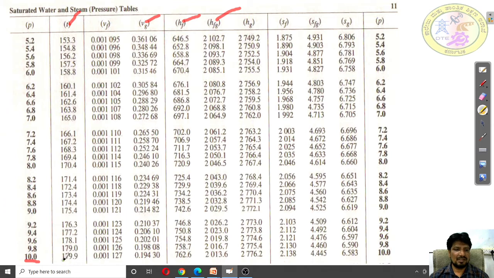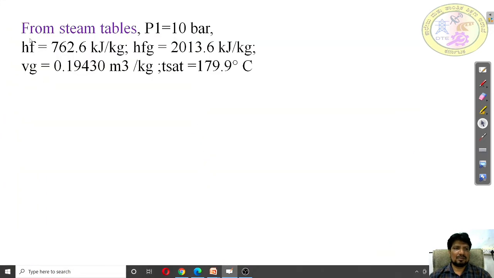Here the saturated temperature is 179.9, and the Vg value is 0.19430, and HF is 762.6, and HFG is 2013.6. So these are the four values. Note them down from the steam table. So we have taken the values from the steam table.